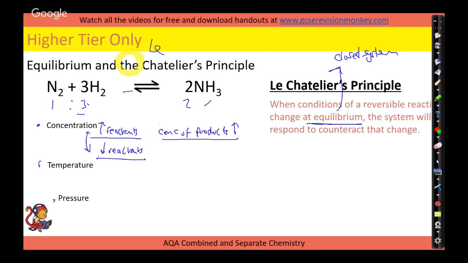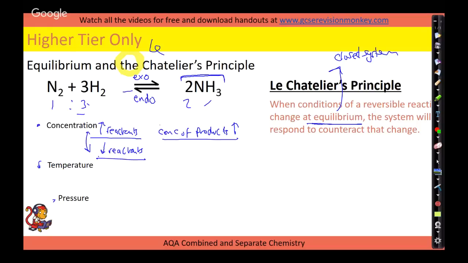Temperature will depend on whether the reaction is endothermic or exothermic. In this case, it's easy to spot because this is your one molecule. That means that's breaking down into two, and that is an endothermic reaction. So in this direction, it's endothermic, and in the opposite direction, it's exothermic.